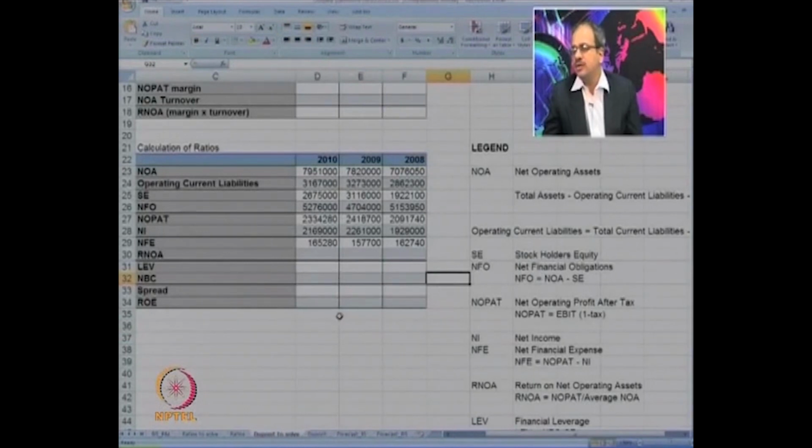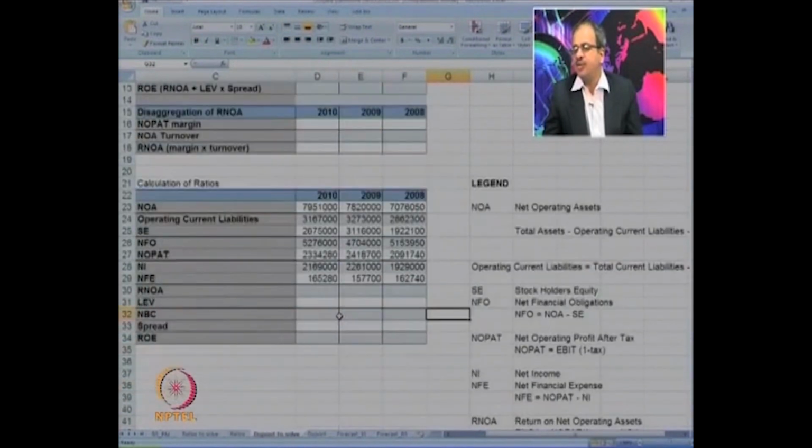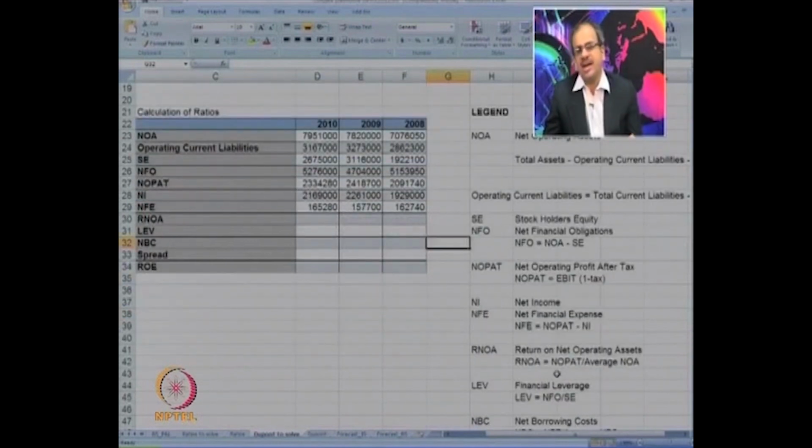Now, go to calculation of RNOA, that is return on the assets which you are using. RNOA formula again you can see, this is return on net operating assets. So in DuPont analysis, it is defined as NOPAT upon average NOA. Now you already know NOPAT.